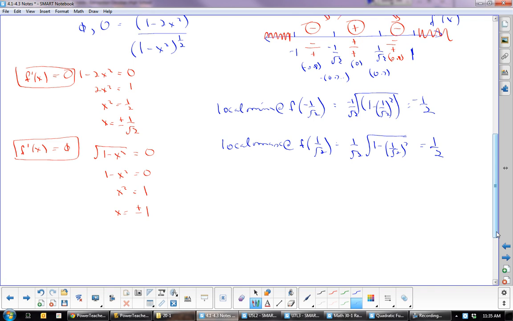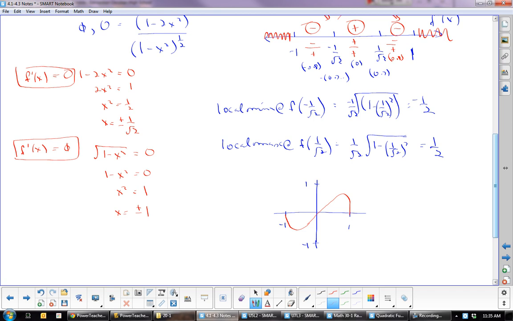Now when you're doing these, maybe even in your homework, you might want to verify it by graphing it in your calculator. But just to show you what this one looks like, it actually goes something like this. Okay, that's what the graph looks like.